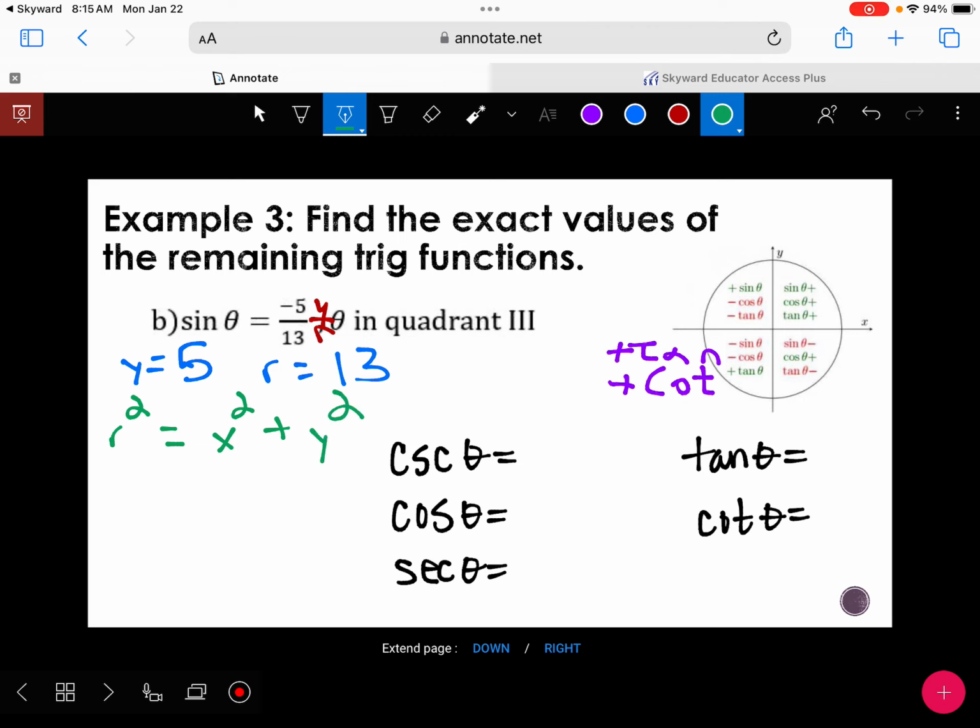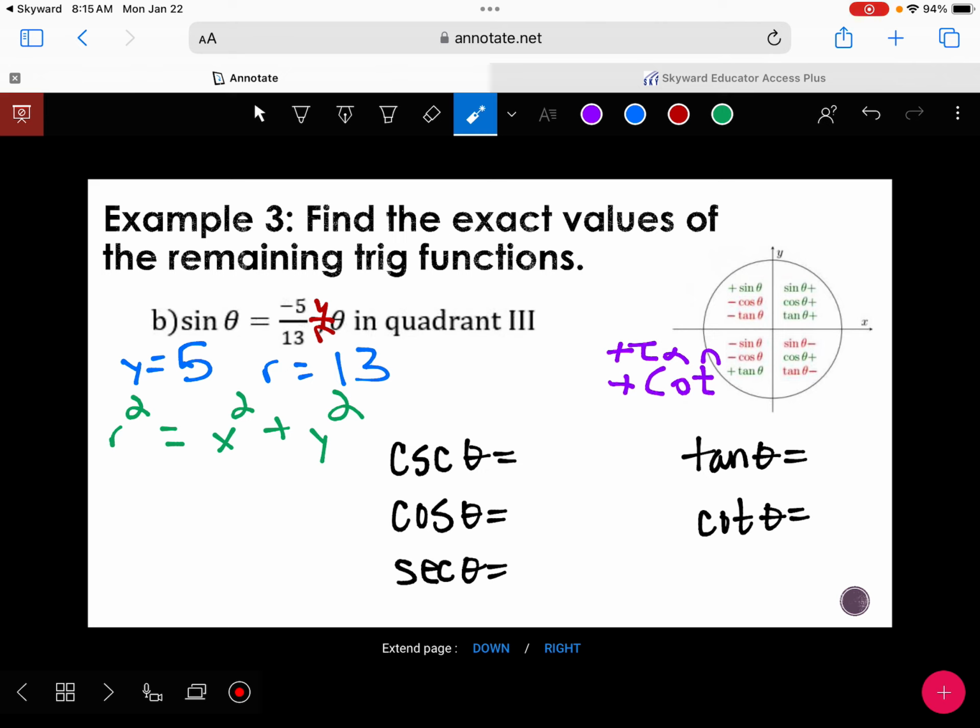We already have y and r, so we're just going to straight substitute it in. The best way we think to figure out what's negative and positive, because this is negative 5 for y, is to write these values as all positive.